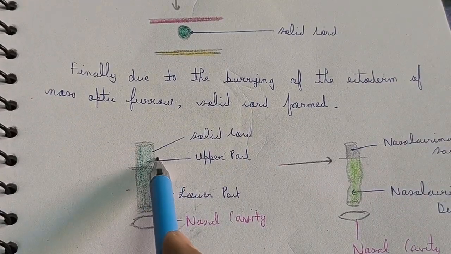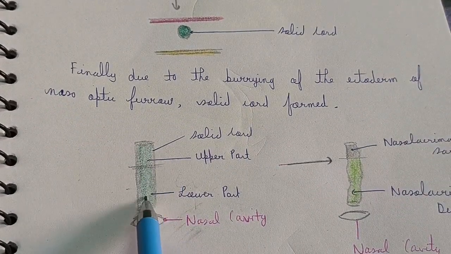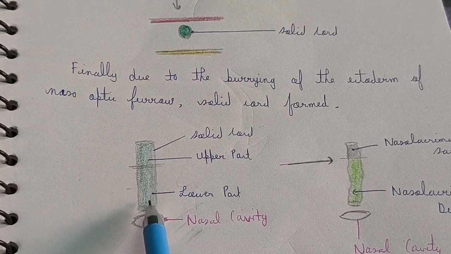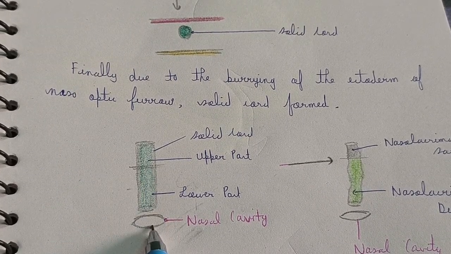Now this is the solid cord, this is the upper part and this is the lower part. You can notice that this lower part is in contact with the nasal cavity.